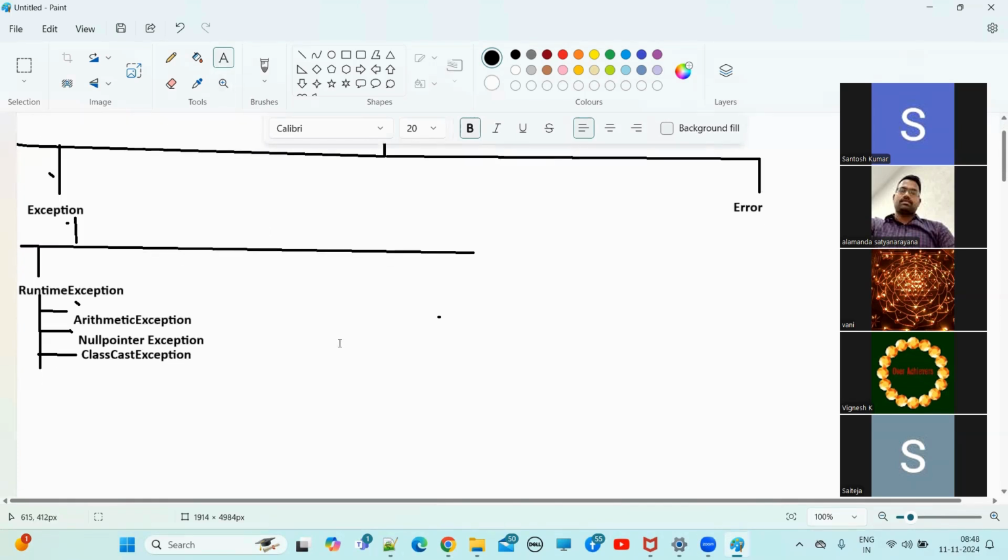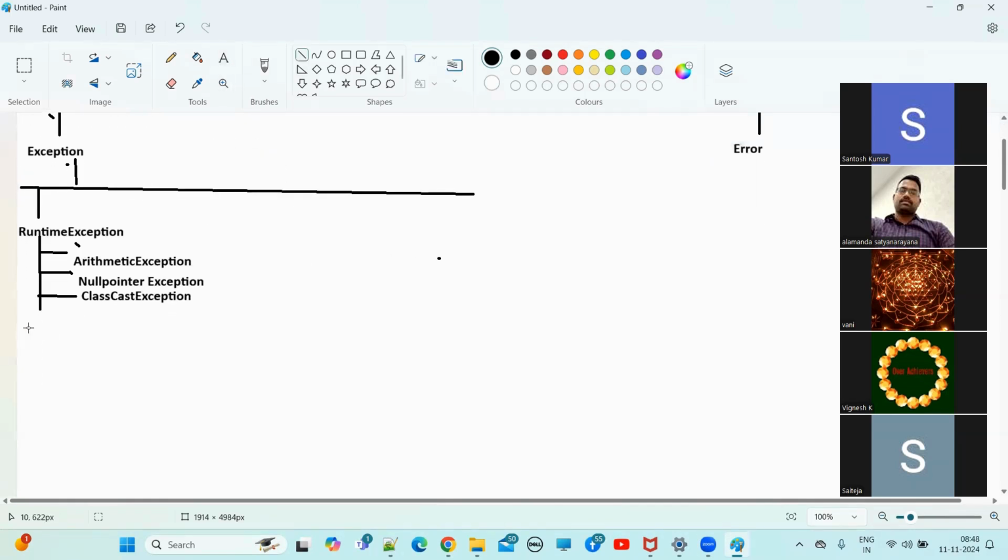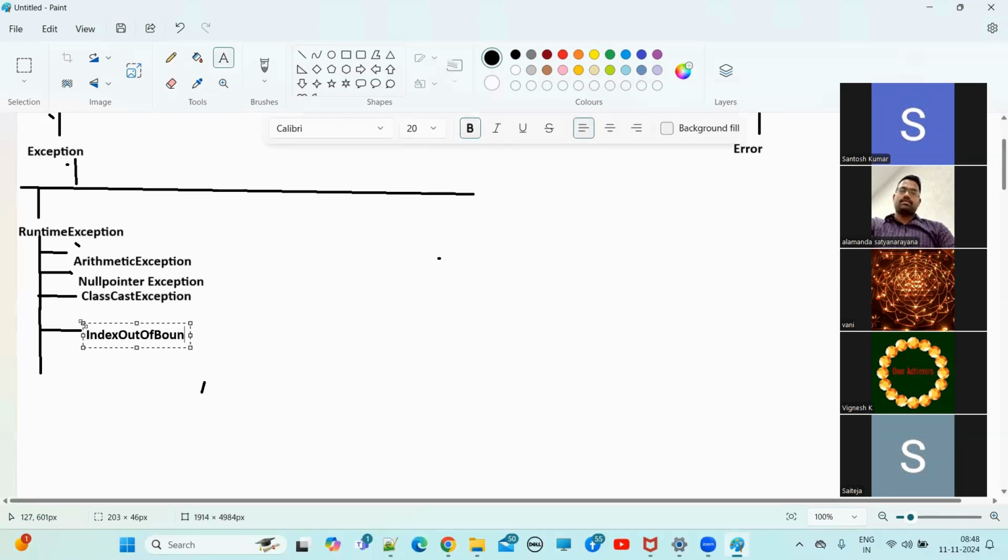Next, one more child class, IndexOutOfBoundsException. For IndexOutOfBoundsException, we have two more child classes, guys.